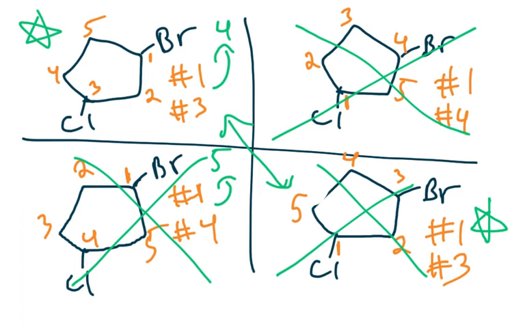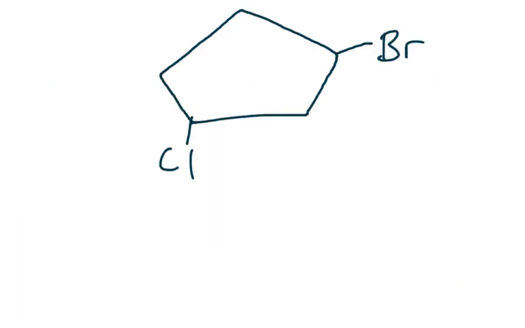So let's do the top left numbering on another page. All right, so the numbering that we decided on was the least number on the alphabetical winner, which is bromine, because B comes before C. So we do 1, 2, 3, 4, and 5. Now that we have this, we can name the molecule. So what do we have? Let's write that out.